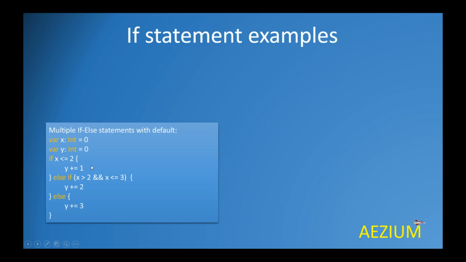This example shows the case of multiple if statements with an else clause. So we have two variables, x and y, both set equal to 0. The first if statement has this condition, which says x is less than or equal to 2, which in this case is true. As a result, y is incremented by 1.